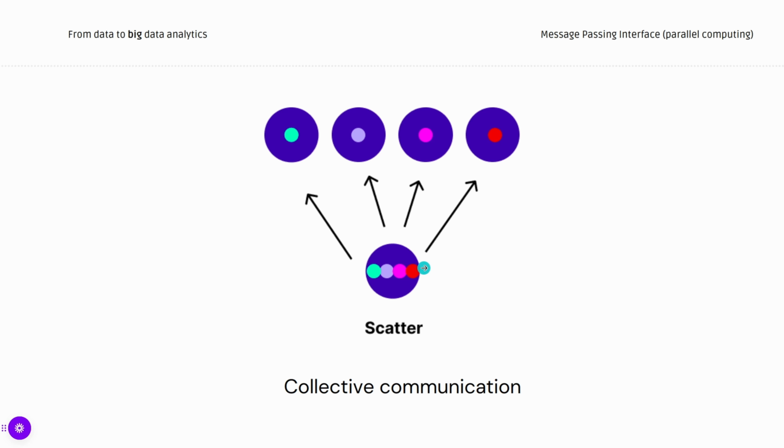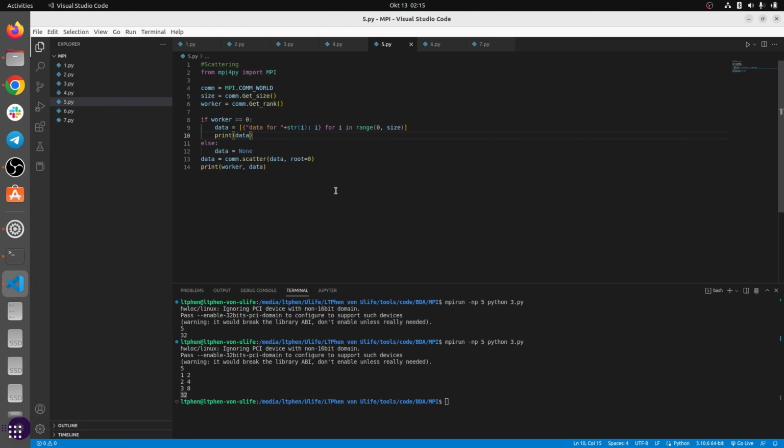So let's show that in the code. This is the code for scattering. What is done here is pretty simple. We have the same com size and worker that we had in the last examples. We have this master, worker 0 with rank 0.